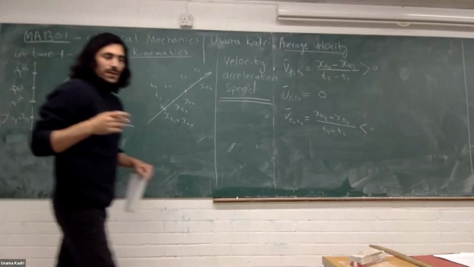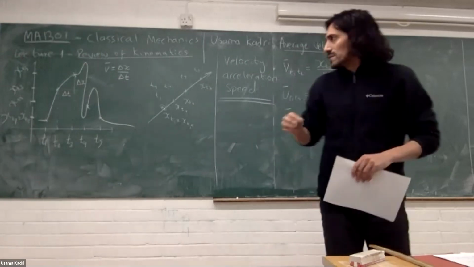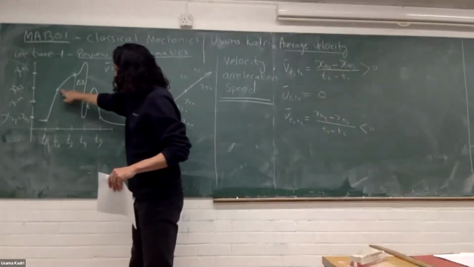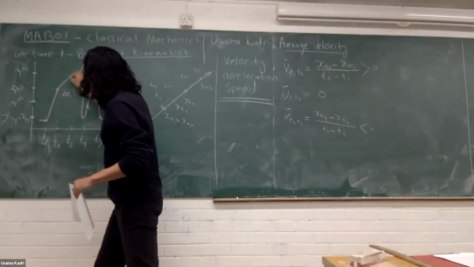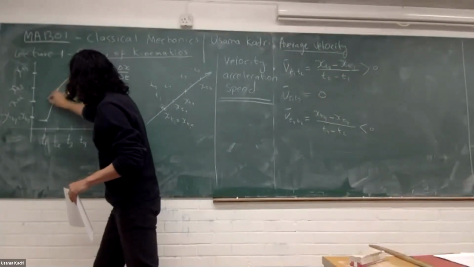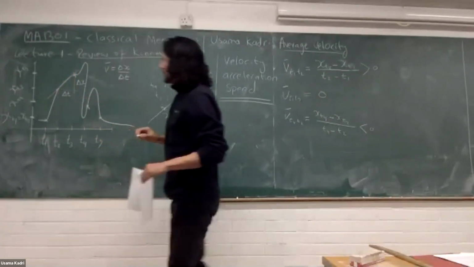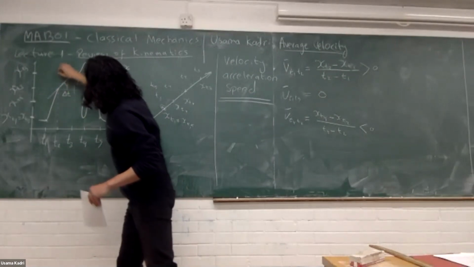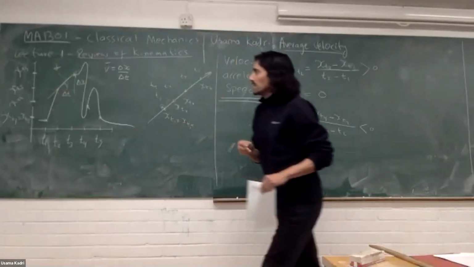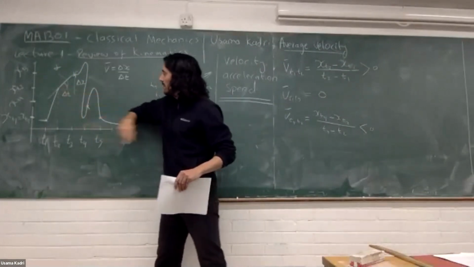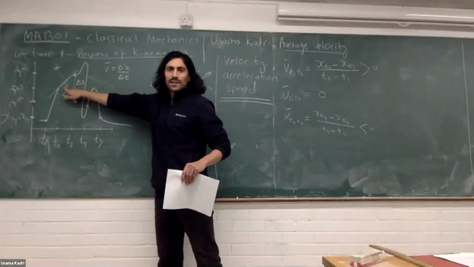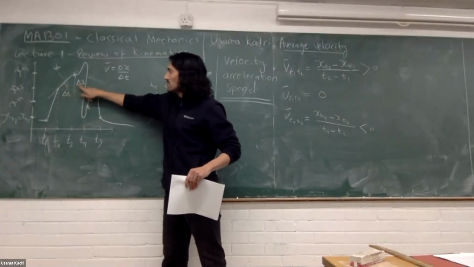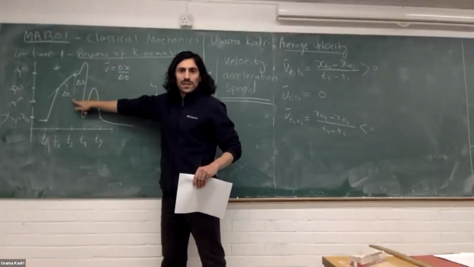But we want to look now at something else. We want to look at this. We're going to draw a line between them, a straight line, and look at this angle here, alpha. So the angle here, if you take the tangent of that angle, if you cannot see well, that is delta x over delta t.